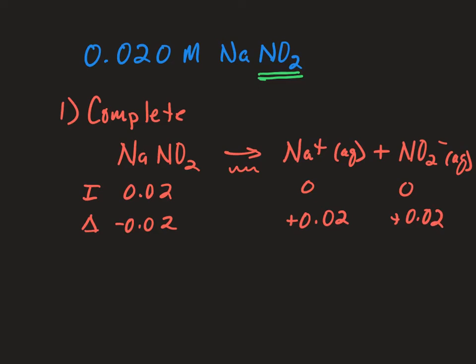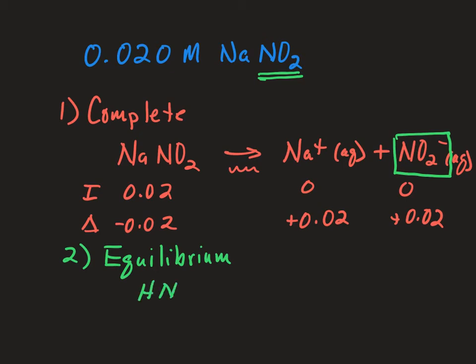But then we consider equilibrium processes. Once we've done complete processes, then we consider equilibrium processes. So if we go up here to the nitrite ion, we know that the nitrite ion was the conjugate base anion of nitrous acid. We already considered this equilibrium.